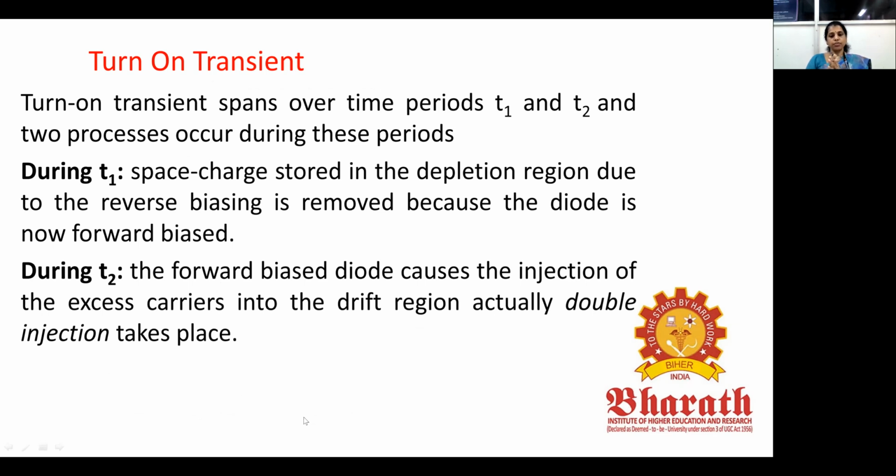So the time taken for the charges to get stored in the depletion region is said to be T1. And coming to T2, the forward biased diode causes the injection of excess carriers into the drift region. So now it will take some time for the excess carriers to penetrate into the drift region, and that time we call it as T2.